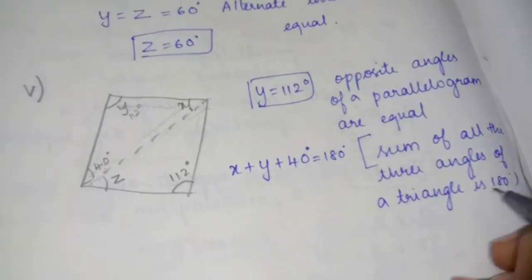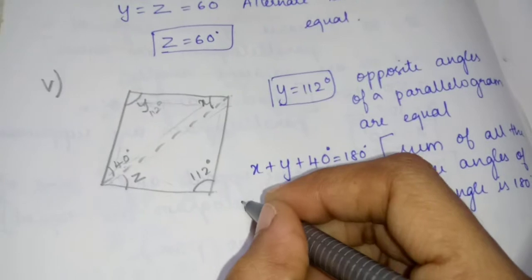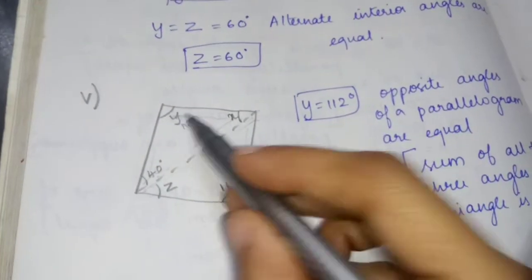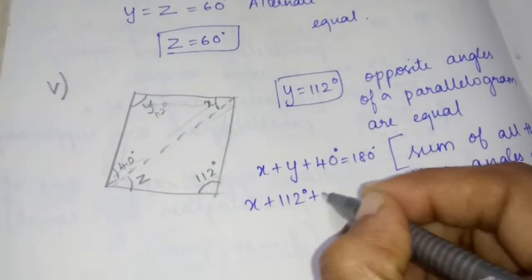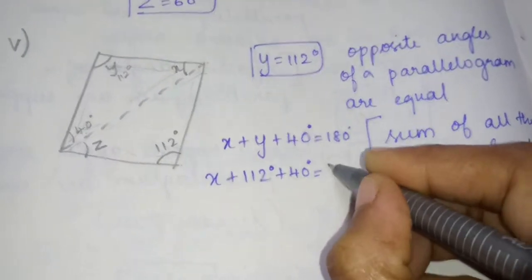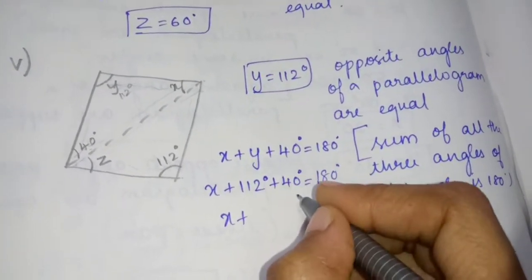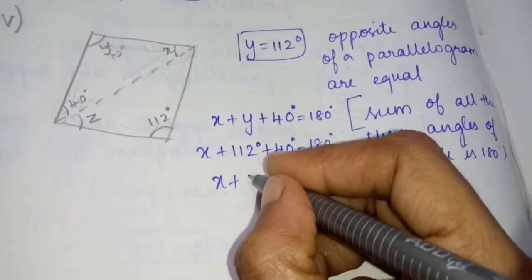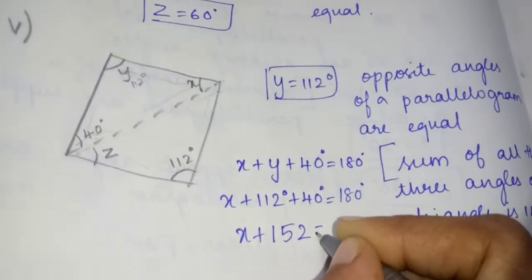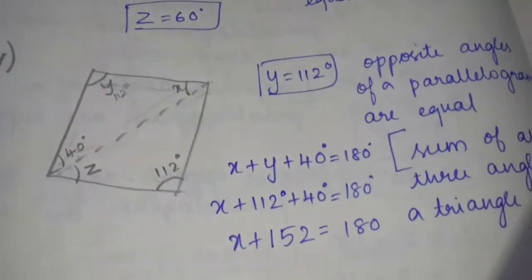Is it correct? What is the x value? I don't know. The y value is 112, so x plus 112 plus 40 is 152 equal to 180.